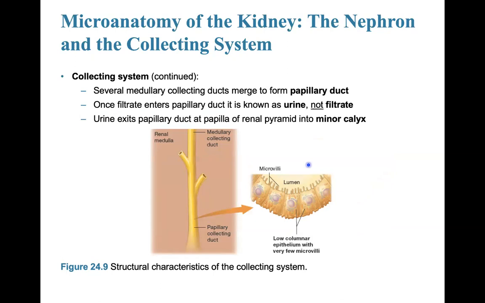Once filtrate enters into the papillary ducts, leaving the collecting duct here, it is no longer referred to as filtrate, but now it's referred to as urine. Urine will then exit the papillary ducts at the papilla of the renal pyramid and go into the minor calyx.